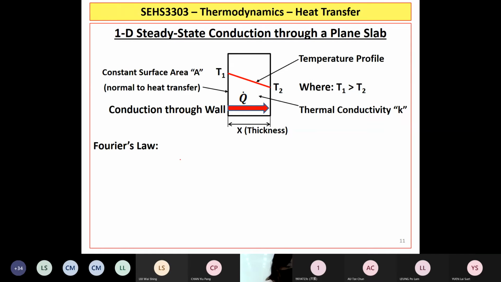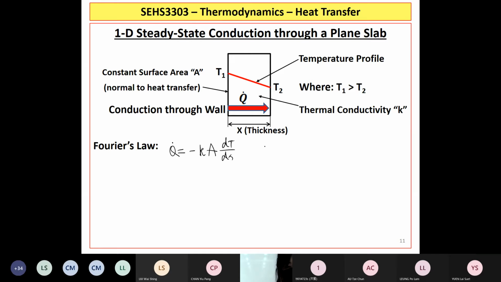So let's apply Fourier's law. That should be Q dot, the conductive heat transfer, equals minus K times area times dT over dx. This is Fourier's law to solve this problem.